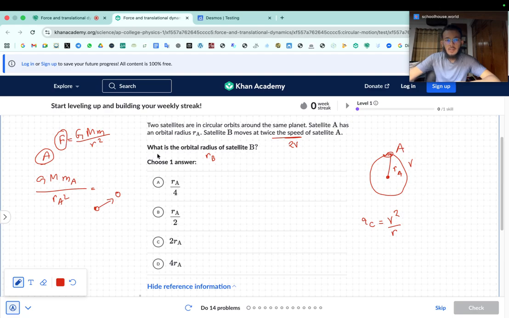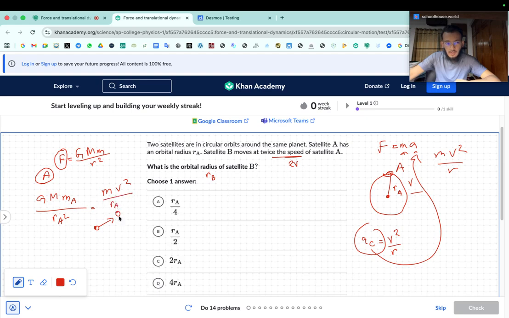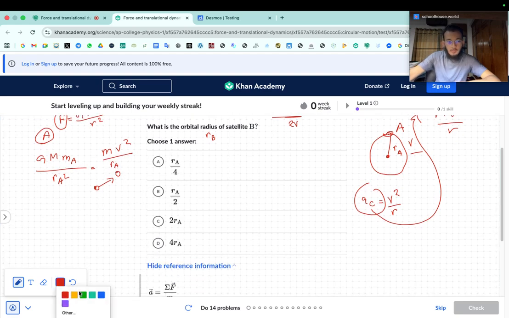That's why we know that F equals ma, mass times acceleration, and we have reduced acceleration to be this, which means this is mv squared by r. So we can equate this to m, and since this is satellite A, it's just v squared by r, which is r of A. And we do the same thing for satellite B as well.